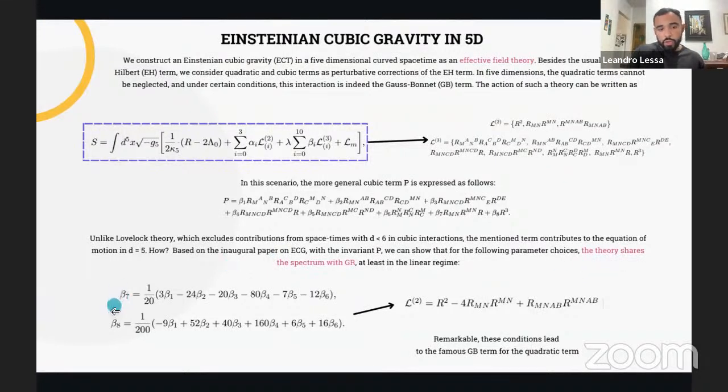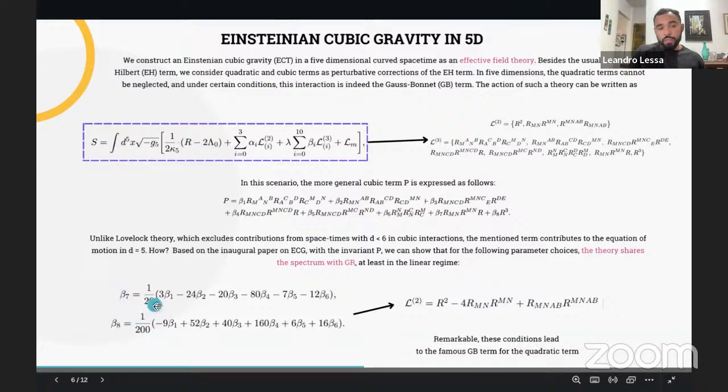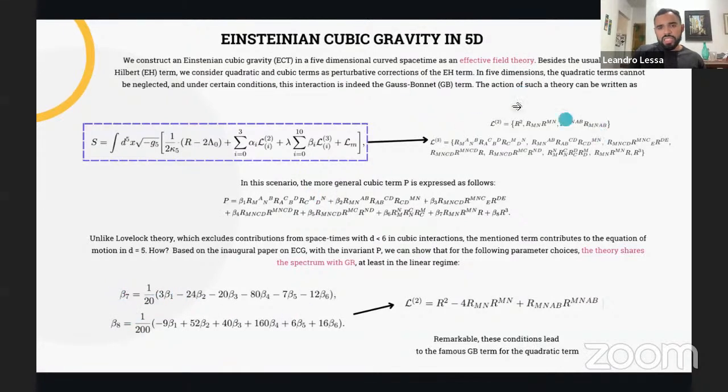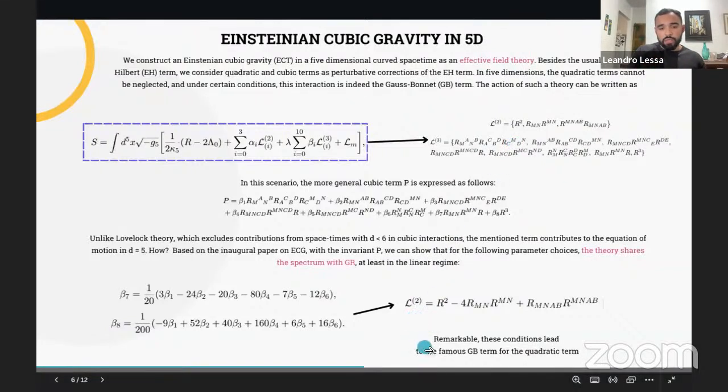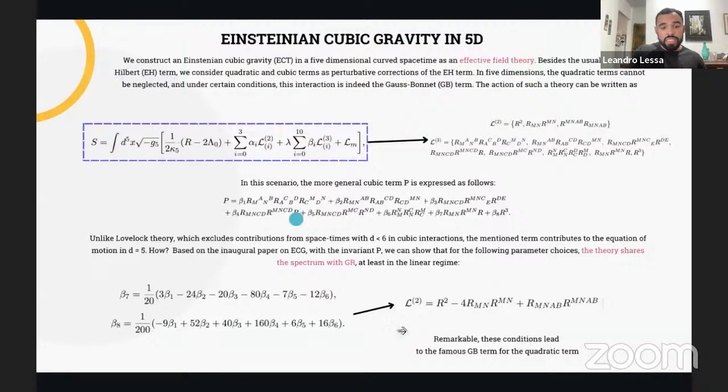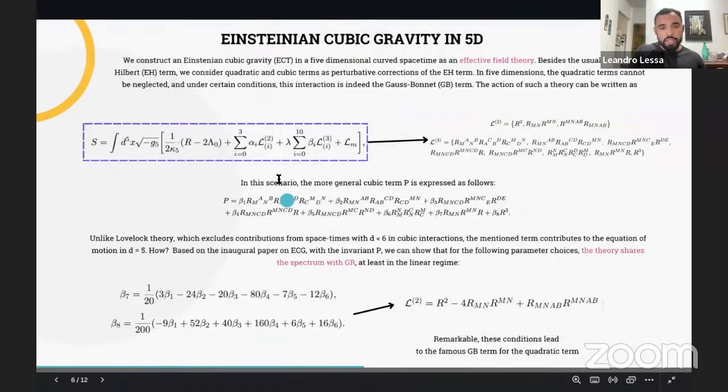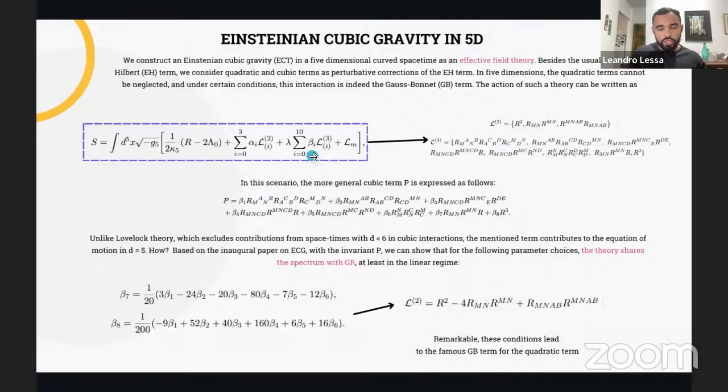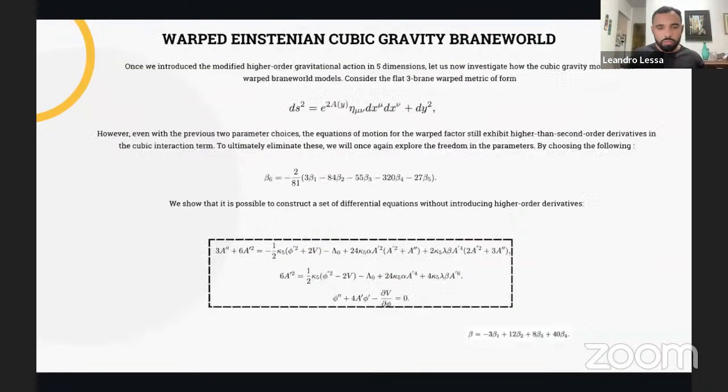If you assume that, we obtain these 2 conditions. If you replace these conditions in this general Lagrangian, you can obtain the famous Gauss-Bonnet term in the quadratic interaction, but it's not enough to determine the cubic interaction completely. We need to put in new conditions.